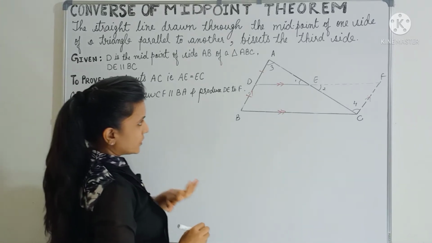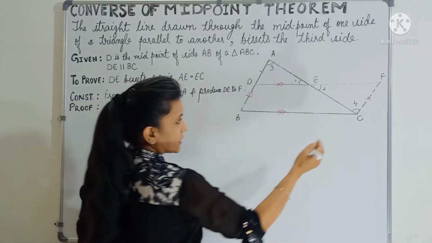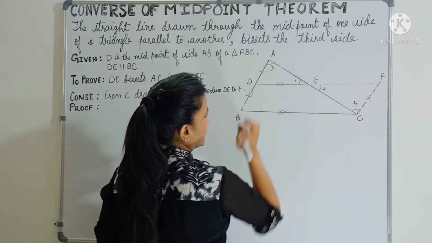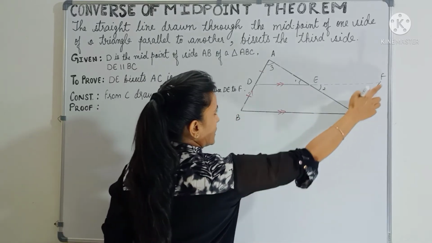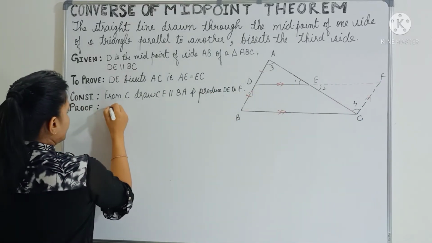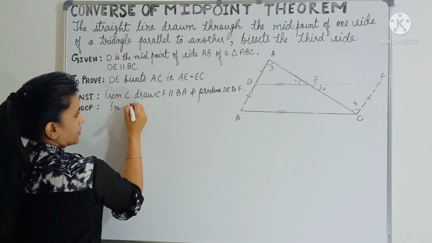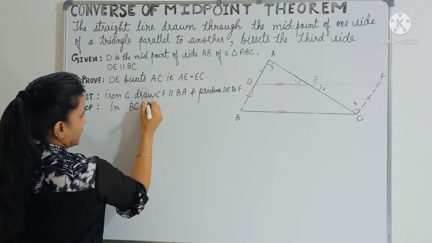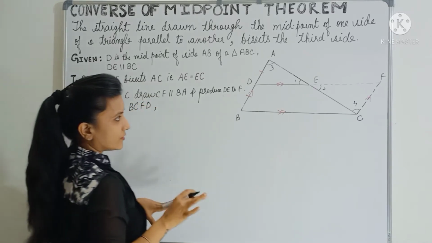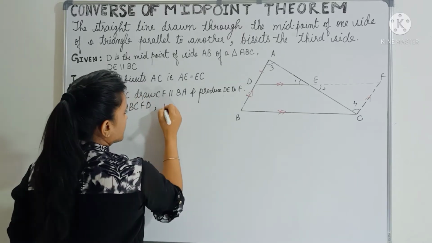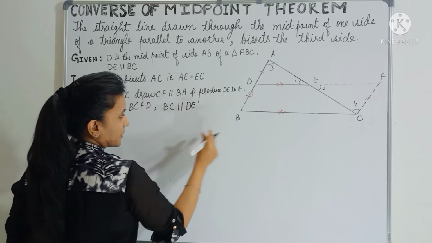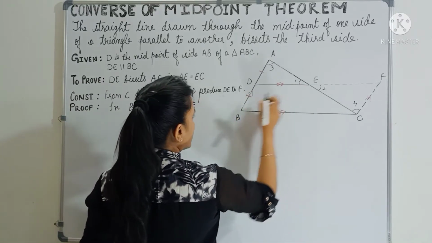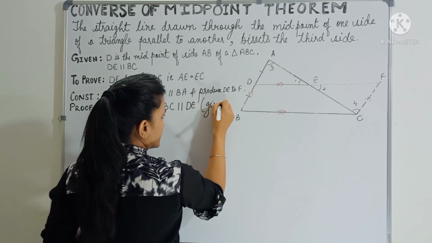In proof, first we will show that CF is equal to DA, right? So for that we have to take the quadrilateral BCFD, right? So in quadrilateral BCFD, what do you observe? We observe that BC is parallel to DE, correct? BC is parallel to DE. Why? Because it's given, isn't it?